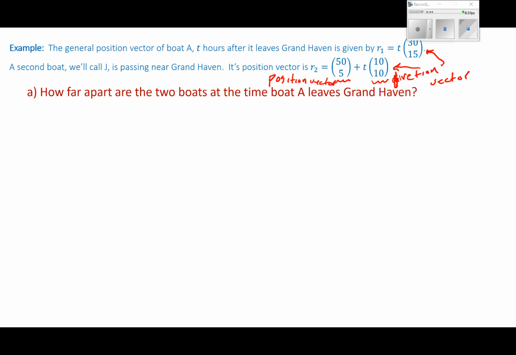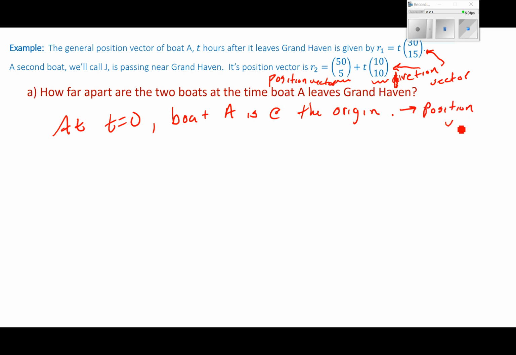Okay, how far apart are the two boats at the time boat A leaves Grand Haven? Well, we know at time t equals 0, boat A is at the origin, so its position vector is just (0, 0). J has position vector (50, 5).